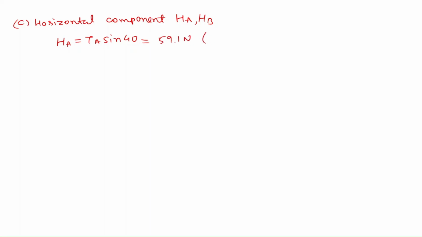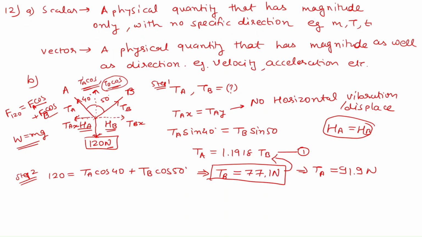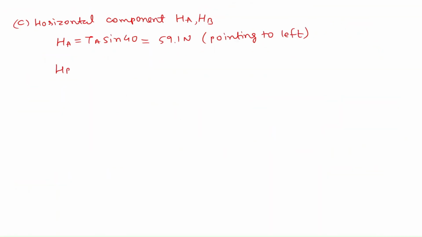The direction of force is pointing to the left. Okay. Now find HB, pointing to the right. HB is TB sine 50, which is also the same value and pointing to the right.